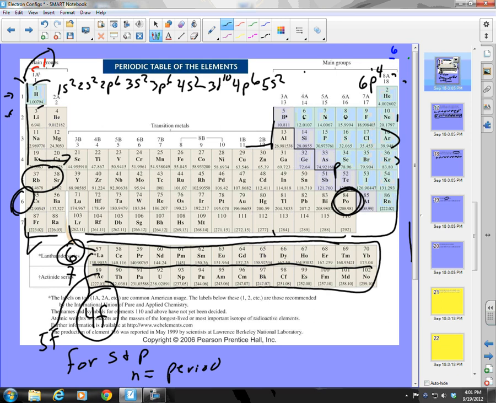After the 5s, we get the 4d10, 5p6, and then what? 6s2. And then after the 6s2, we drop down to the 6th period of the f's, which would be 4f14, 5d10, ending with 6p4.